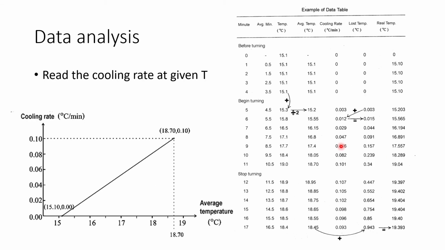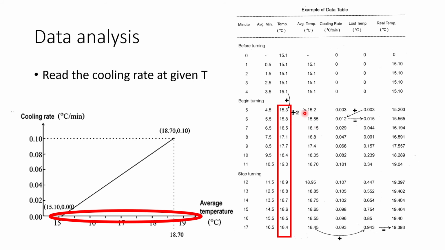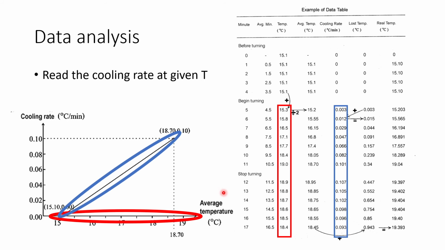From the data that we already have, we have the temperature. So we use the average temperature here to estimate the cooling rate. So read the average temperature. Sorry, this red line should have been here. So read the average temperature here to estimate the cooling rate here. For example, right here you have 18.4, so you read 18.4 is around here, and estimate the cooling rate to be 0.093.